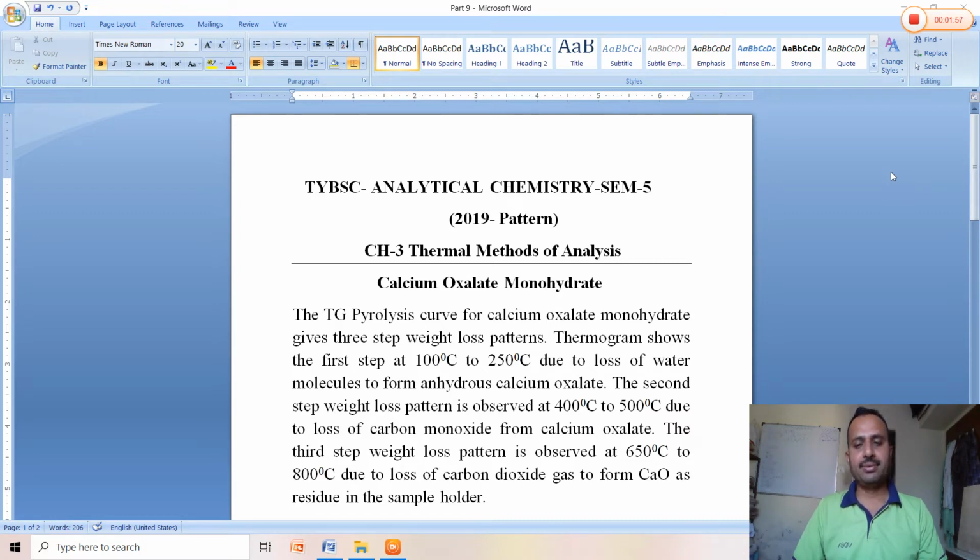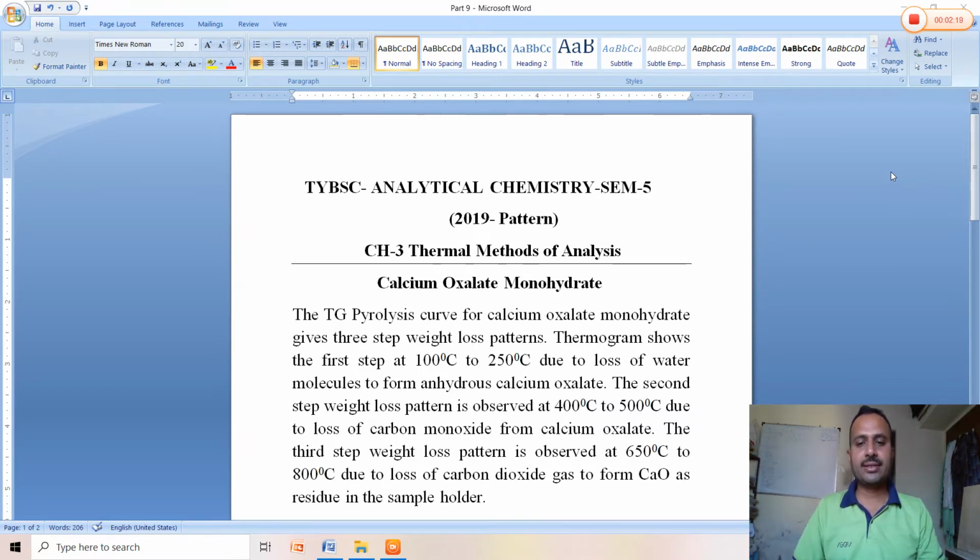In the third and last step, the weight loss pattern is observed at 650 degrees centigrade to 800 degrees centigrade. So at a high temperature, what happens? Let us see.